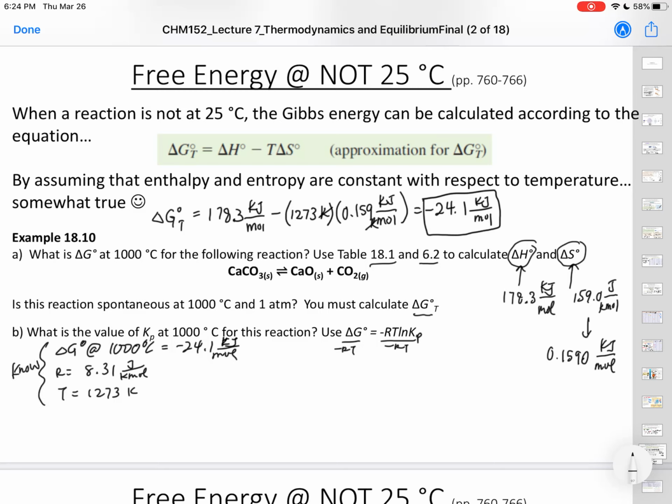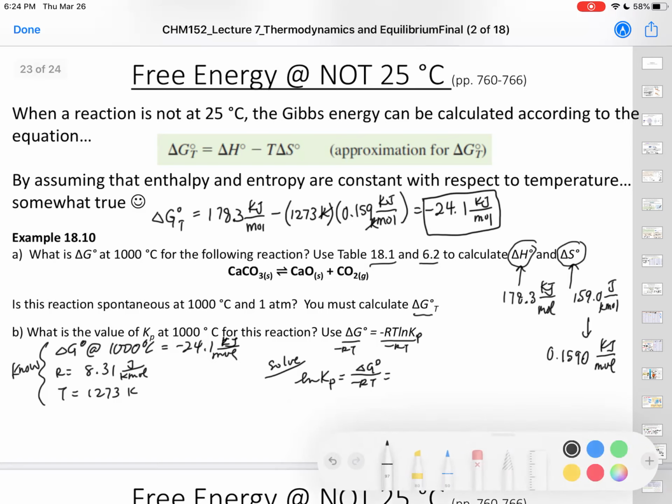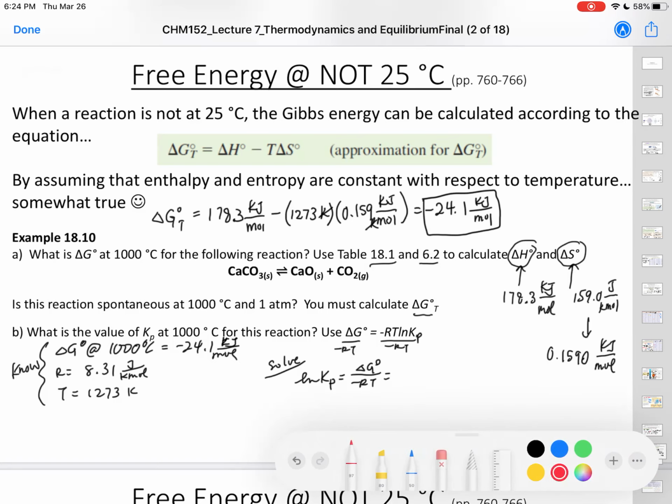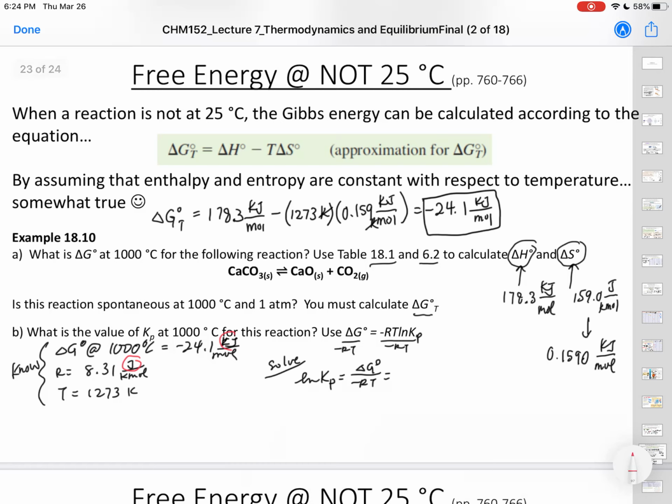So really you're solving for Kp, and again you're rearranging this equation. You're going to divide this side by minus RT. Okay, to solve, ln of Kp is equal to delta G over minus RT, and again you need to convert because this is in joules, this is in kilojoules.